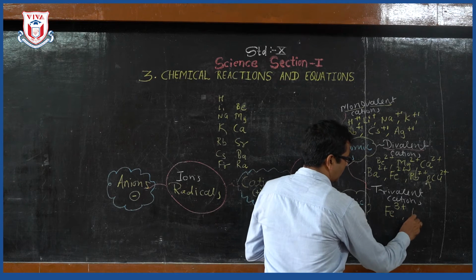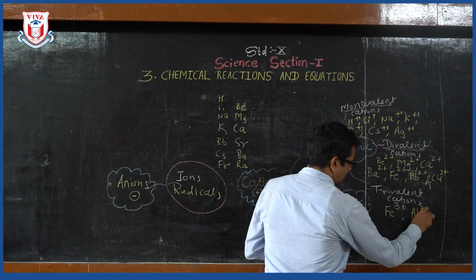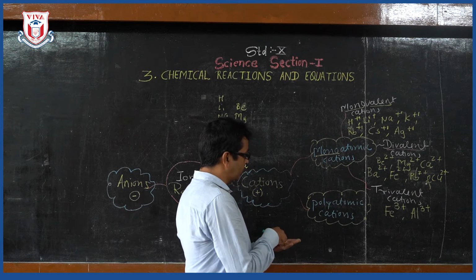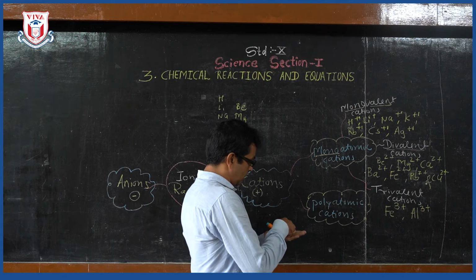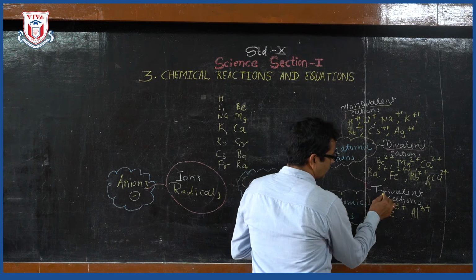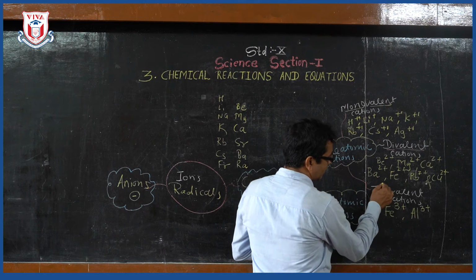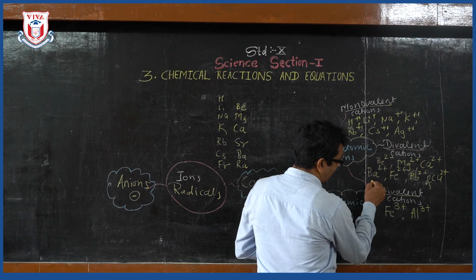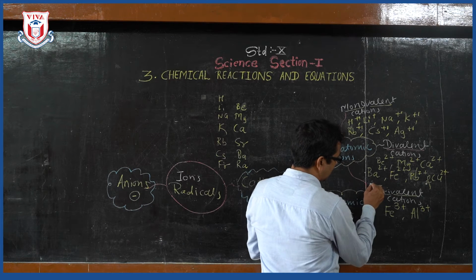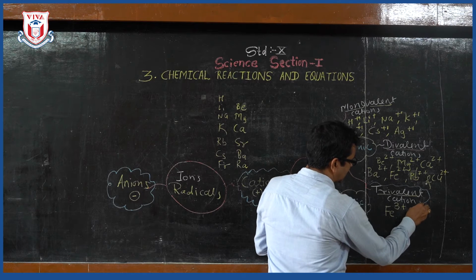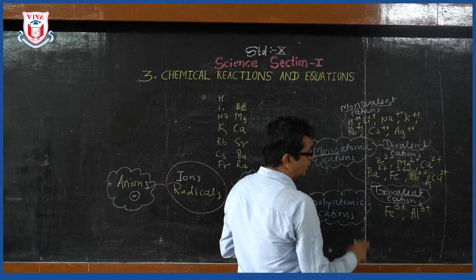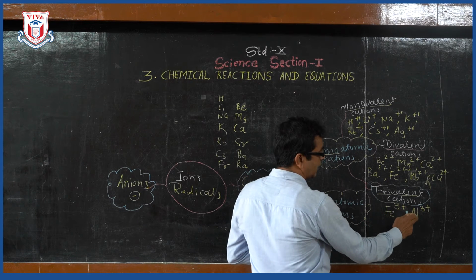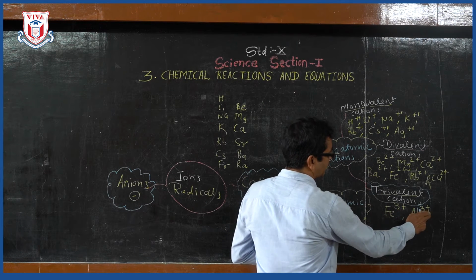You can write aluminium 3 plus. So these are called trivalent. Tri means 3, and valent is valency. So they have valency 3, and that's why these cations are called trivalent. Example is ferric ion Fe3 plus, aluminium ion Al3 plus.